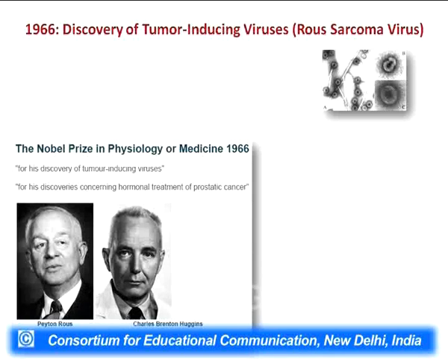Now, the first tumor-causing gene was discovered way back in 1966 by the scientist Rous, after whom the virus is named. It is called the Rous sarcoma virus because it affects sarcoma cells. For this pioneering work, the scientist was awarded the Nobel Prize in 1966. Subsequently, a number of these tumor viruses were found, of which the Rous sarcoma virus is one of the most essential.